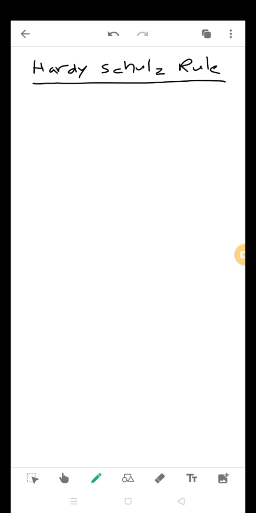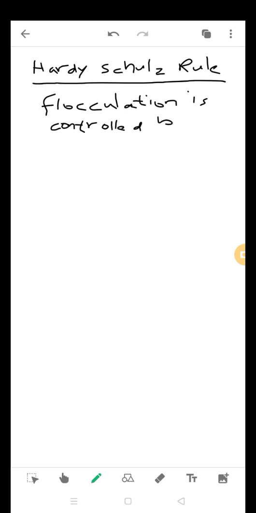According to Hardy-Schulz rule, flocculation is controlled by valency of the counterion.